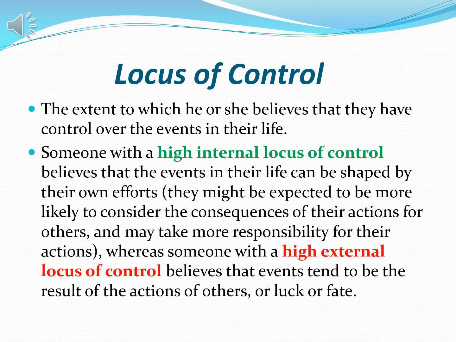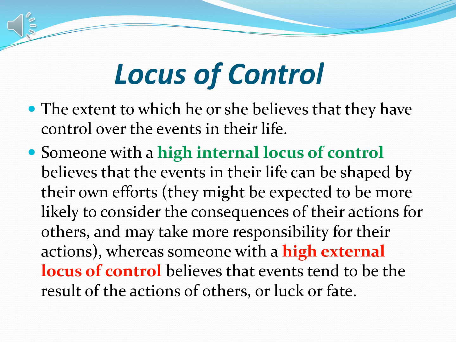The next individual factor which influences your ethical decision making process is locus of control. So what is locus of control? The extent to which you believe that you have control over the events in your life. So how much control you have over your situation, your life, and the things you are doing is called locus of control.